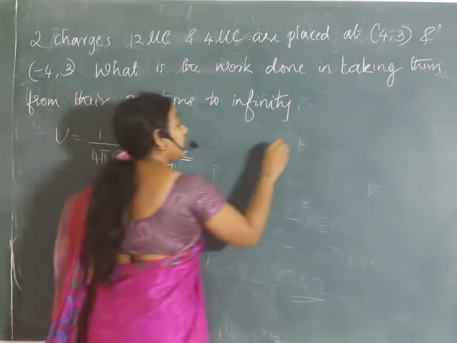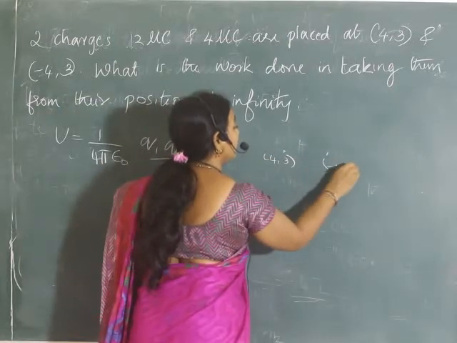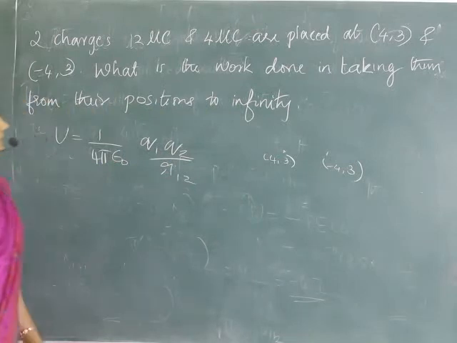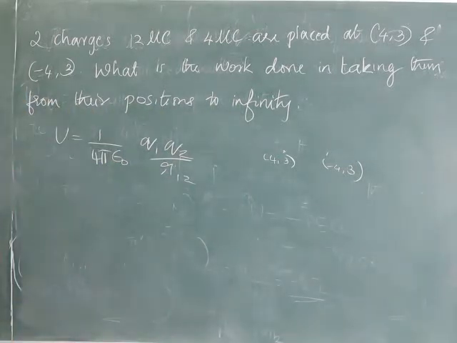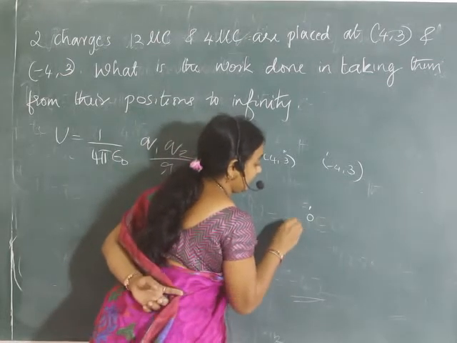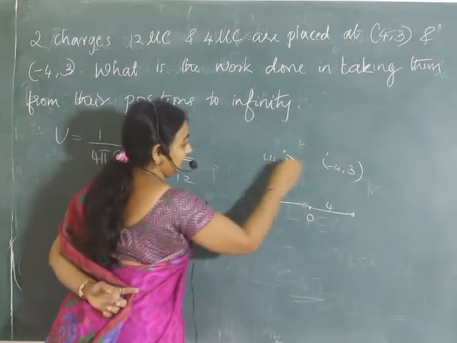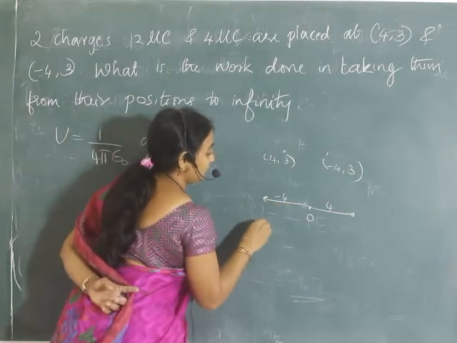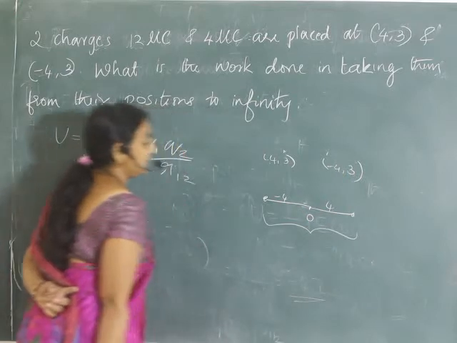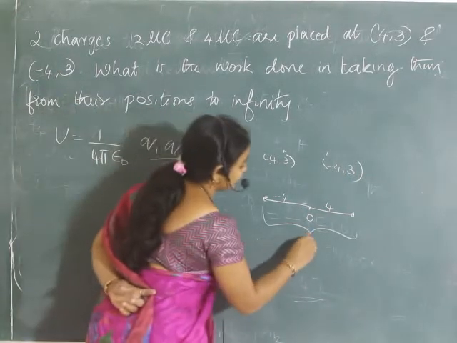Now initially they are placed in positions 4, 3 and minus 4, 3. Correct? If it is 4, 3 and minus 4, 3, what is the distance between them? See, I'll show you. If this is the center, from here to here it is 4. From here to here, for x-axis, it is minus 4. So what is the total distance between the two charges? Total distance is 8.